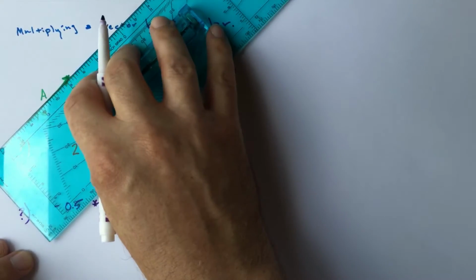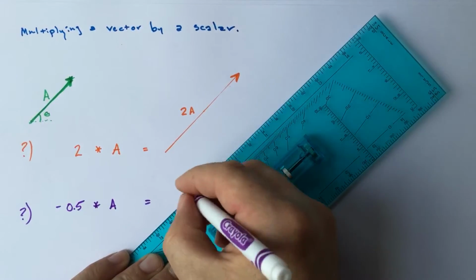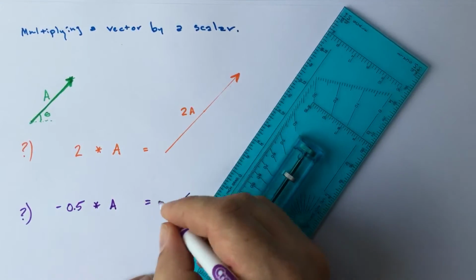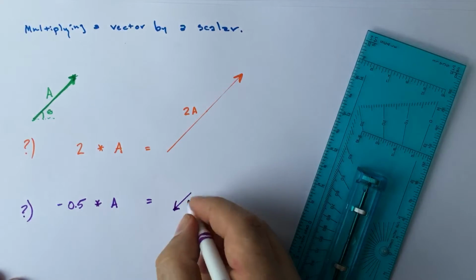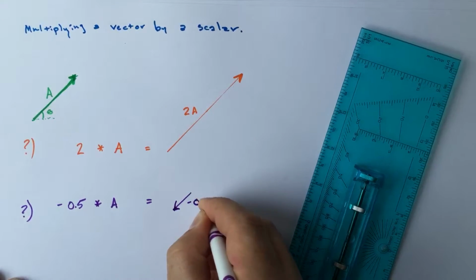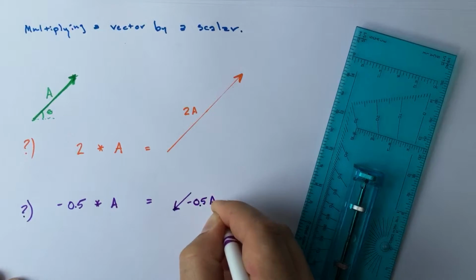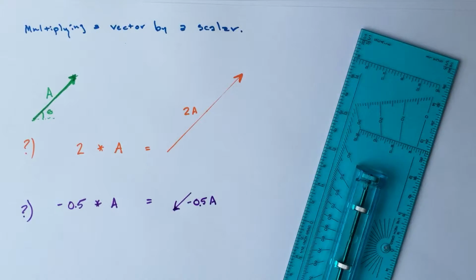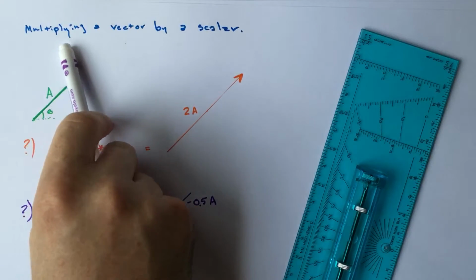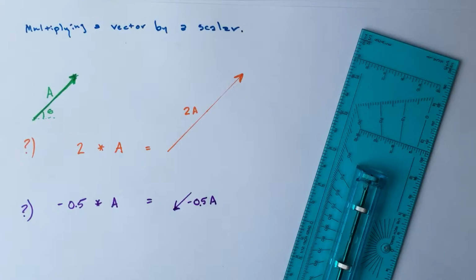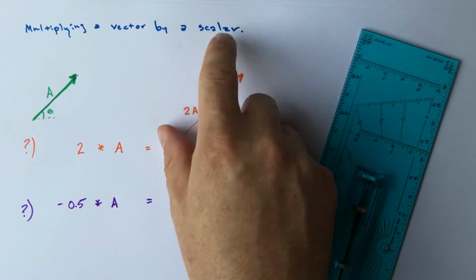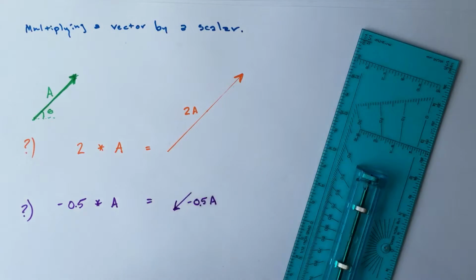It would still be along this line, but head back this direction, and be half as long as A was. This would be a vector that represented negative 0.5A. So this is how we can multiply a vector by a scalar, just by scaling the vector.